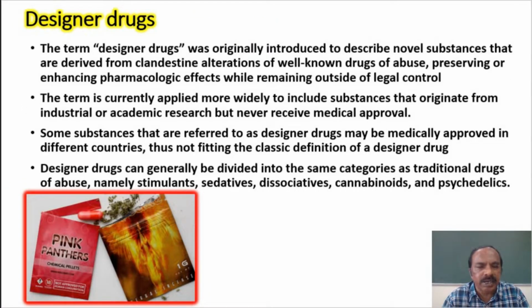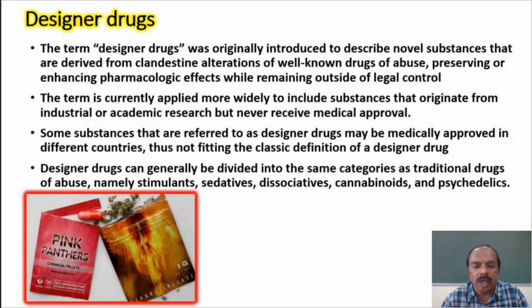The next category of drugs are called designer drugs. These are not natural drugs. They are man-made drugs. They are designed by the scientists as a new chemical entity. They are produced in the laboratories by the scientists. So they are designed by various methods. One of the most recent methods of designing a drug is called computer aided drug designing.